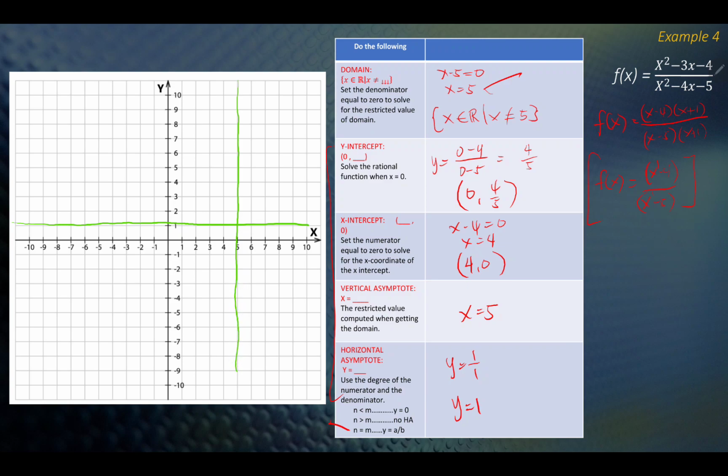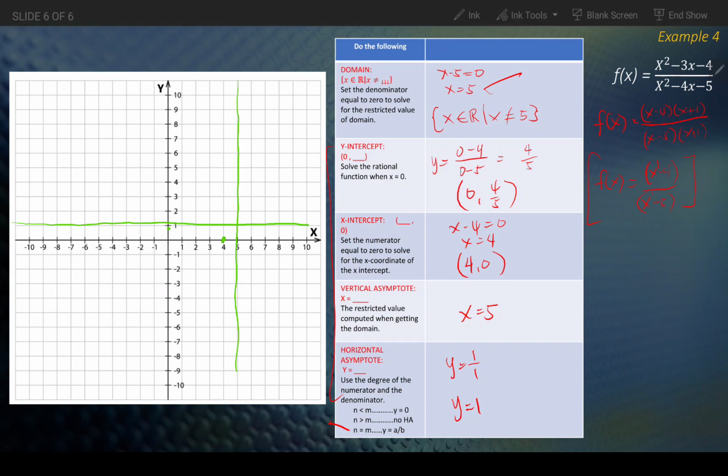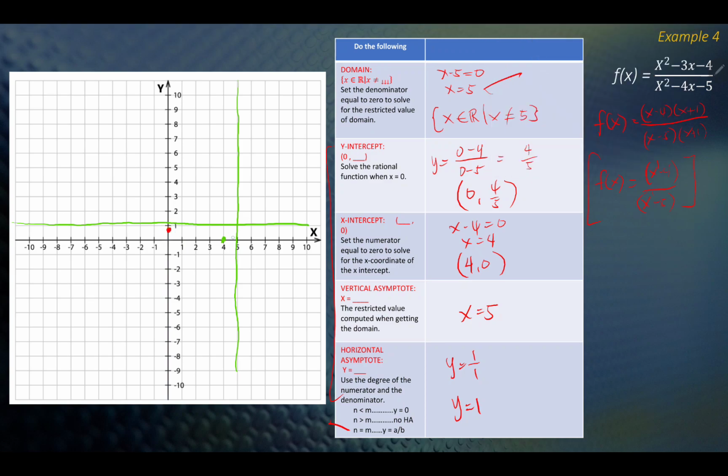And then, our x-intercept is 4, 0. Ang ating y-intercept is 0, 4/5, or it's just 0.80. Palitan natin ng color. So, ito yung ating y-intercept and x-intercept.